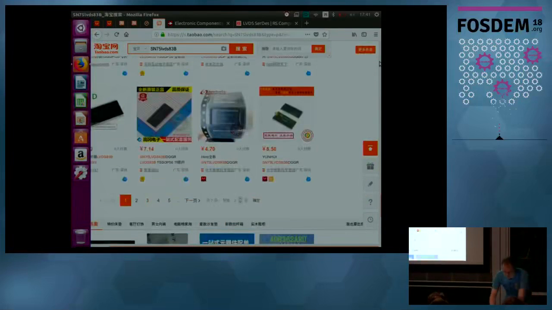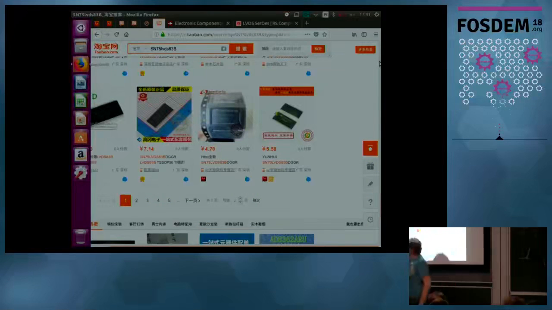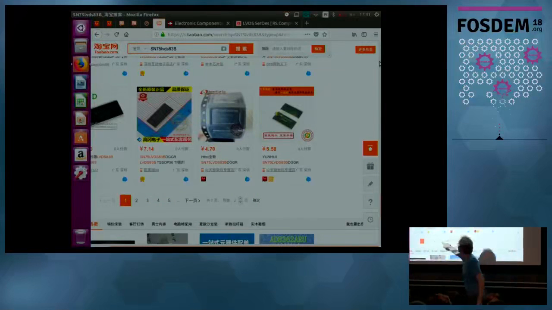And this is very important. There are 5 pages and more of this same part, so you know that there are massive numbers of suppliers, and you can pretty much guarantee, it's not totally guaranteed, that this part will be available when you go to the Shenzhen markets, okay?